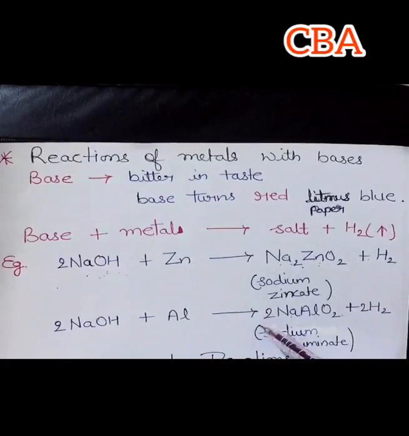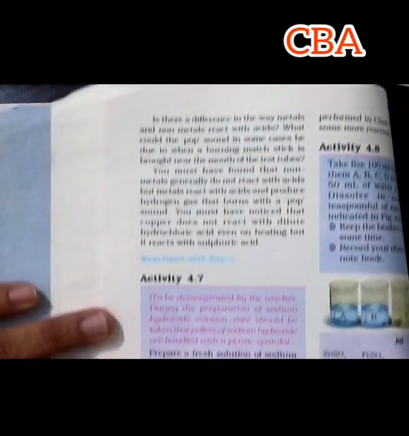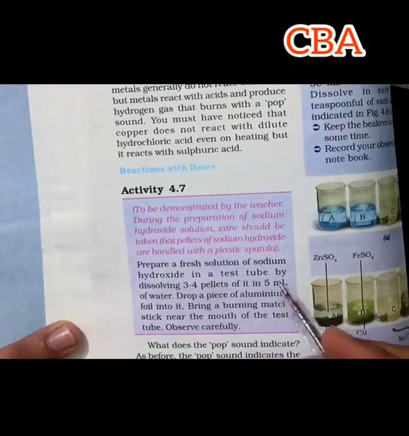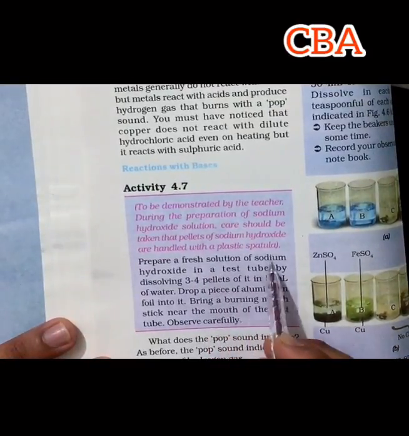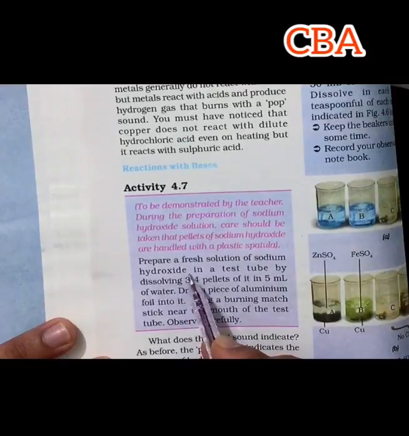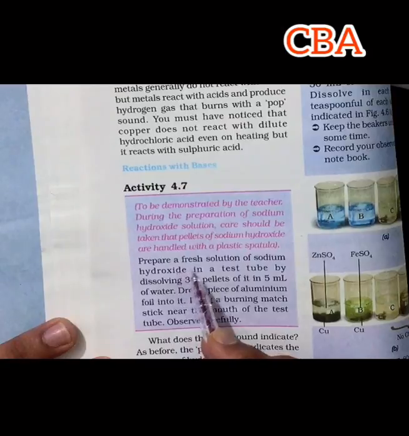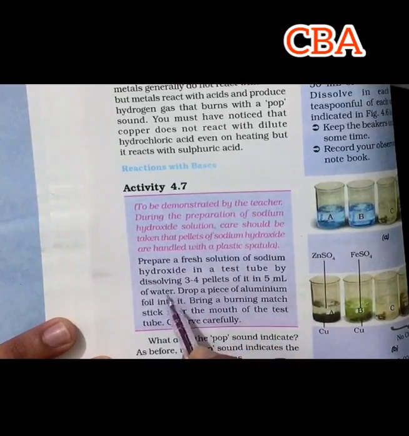Now regarding this chemical equation, we have one activity in our book, that is activity 4.7. In this, first we'll prepare a fresh solution of sodium hydroxide. For preparing a sodium hydroxide solution, we'll take sodium hydroxide and add it to 5 milliliter of water.